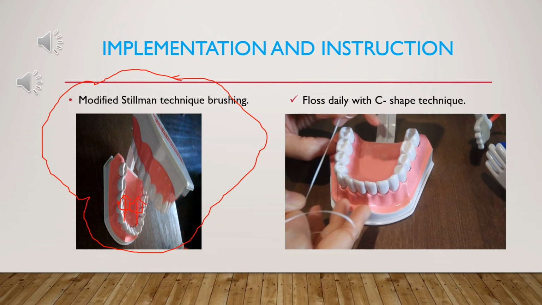And I also demonstrate on the lower teeth that the toothbrush bristles go at a 45 degree angle toward the sulcus or pocket of each tooth. And in the other video I demonstrate how to floss with the C-shape technique.